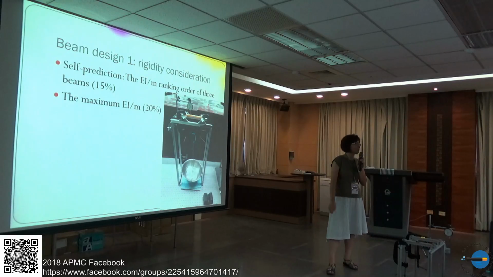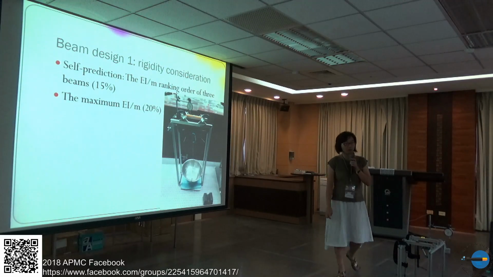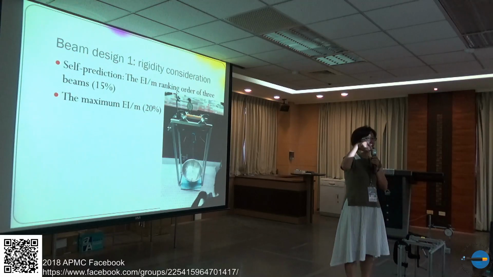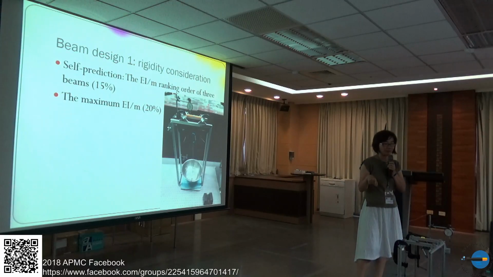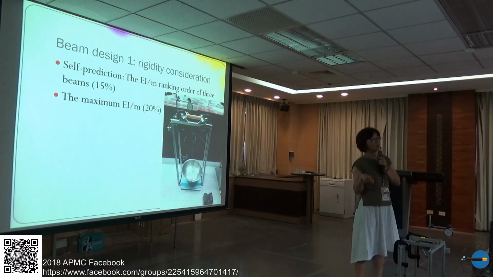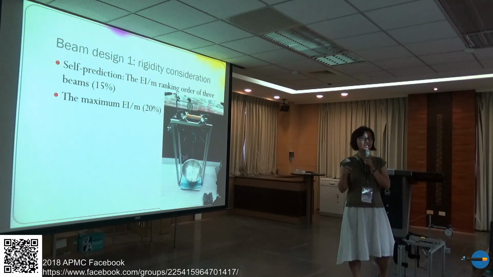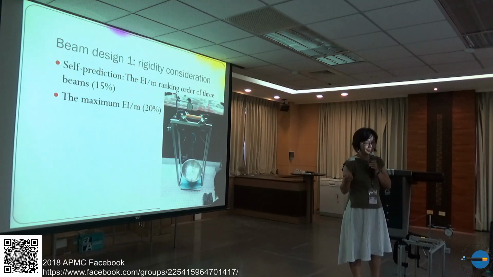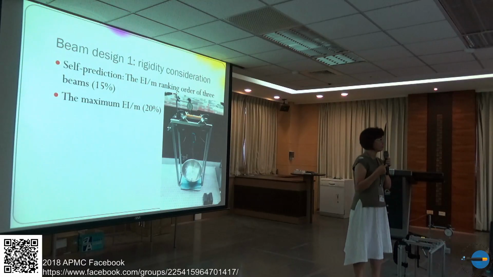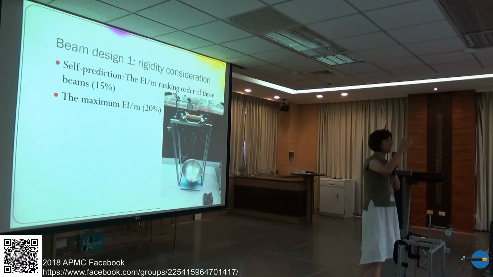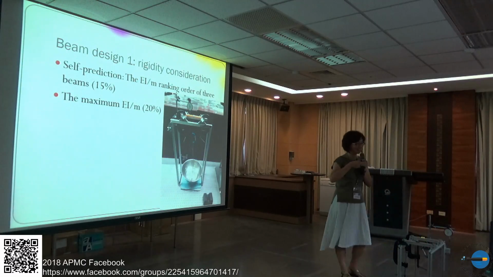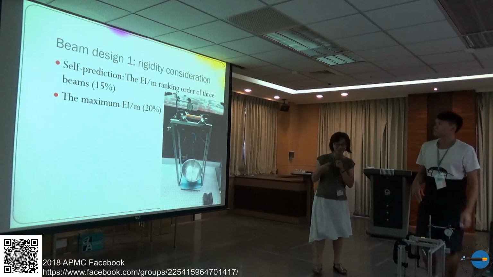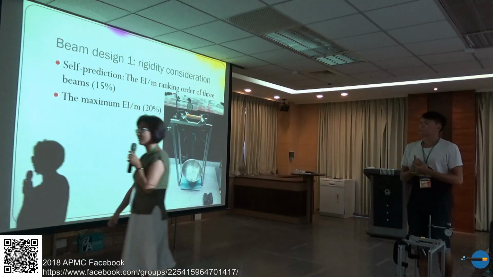How do we measure this bin rigidity? We will apply a fixed weight. Maybe I will let one team assistant help me to show this. Let's have one beam, any beam.